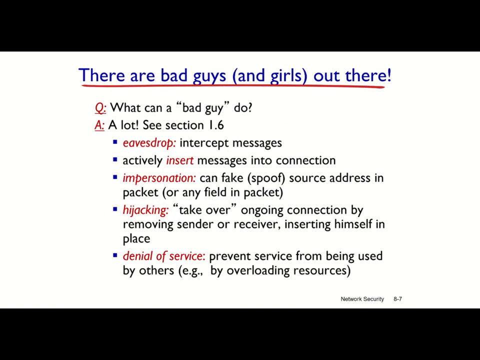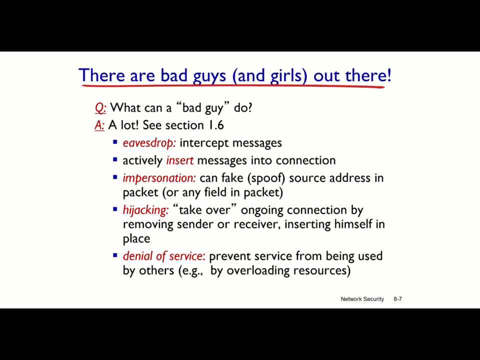So another question is, what does the third person, Trudy, do? The third person has a malicious purpose in this scenario and wants to abuse the information that is going through the connection from Alice to Bob, or in the opposite direction.